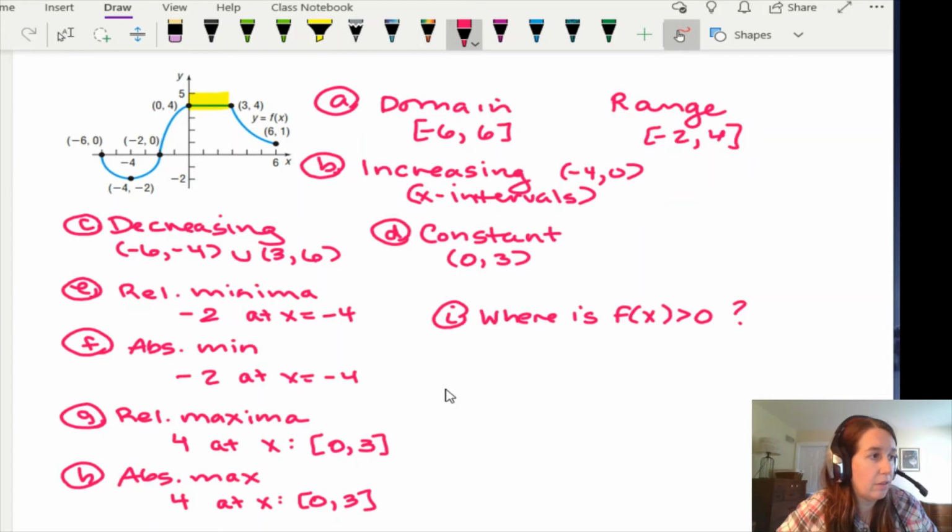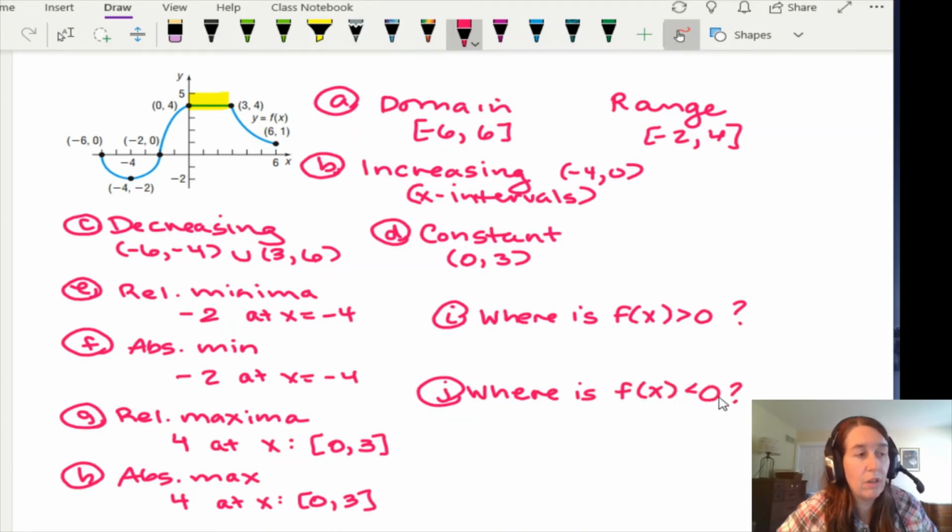And then they could also ask, where is f of x less than 0? Could also ask less than or equal to 0. All right, so let's take a look at what that means. And I do like to kind of talk to myself awkwardly to re-explain to myself what that means.